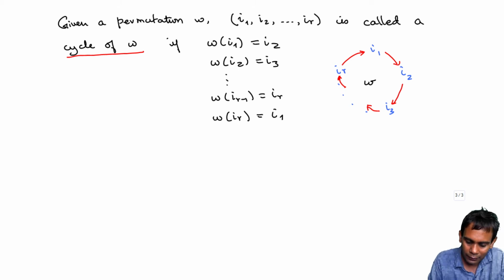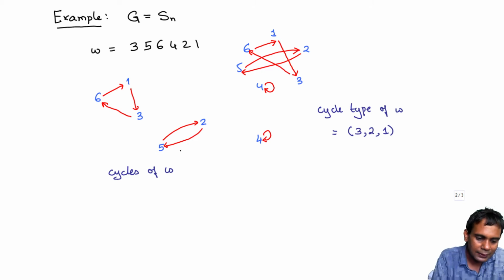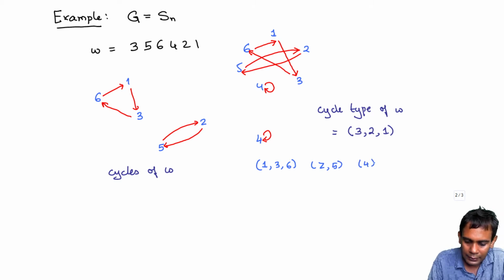Now one thing you can notice is that there's some ambiguity in how we write the cycle. The cycles here are 1, 3, 6, 2, 5 and 4. These are the 3 cycles of W. And this cycle can also be written as 3, 6, 1.